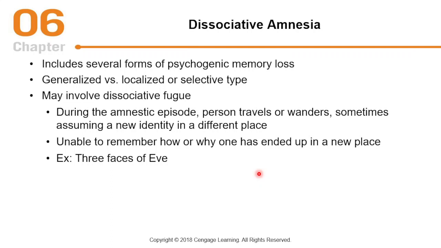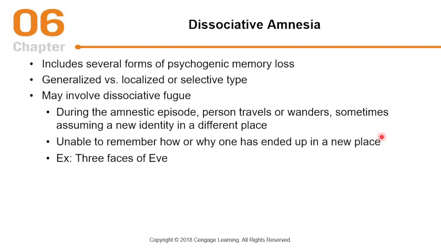Localized, which is the usual thing that I see with my clients na victims ng rape or assault. They don't have a complete recollection of what happened to them during that event. Or selective. So selective, kumbaga, konti lang yung nare-recall niya.